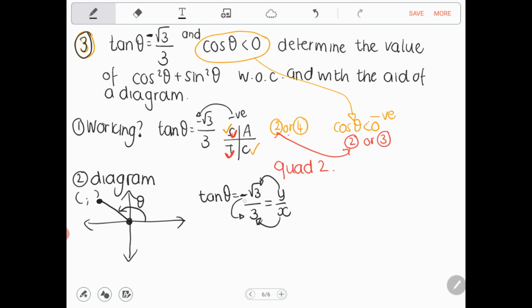Okay, so we're going to substitute. So my x is -3, my r is square root 12. This is √3 over √12 squared. Okay, so we do our powers first. Square the top, +9. Square root of 12 squared is 12. Square the top, square root of 3 squared is 3. Square root of 12 squared is 12. Okay, you have the common denominator here already. So we're going to end up with 12 over 12, which is equal to 1.